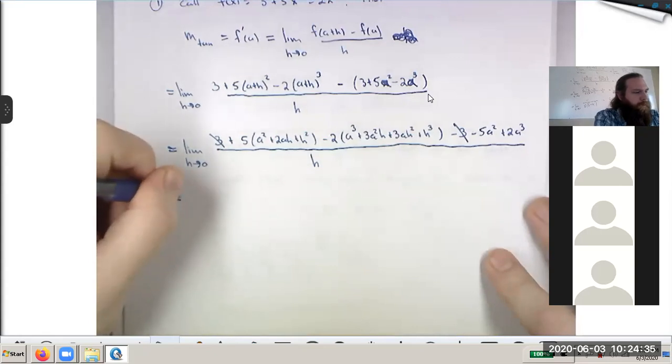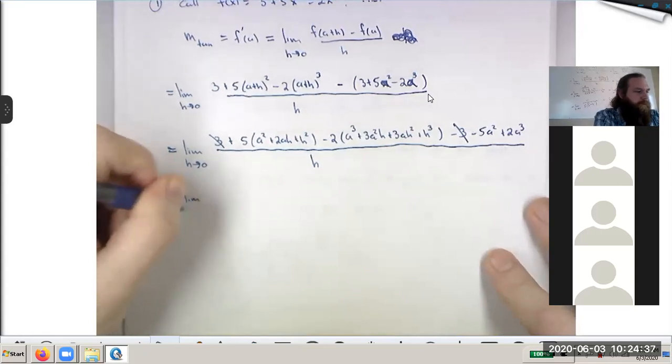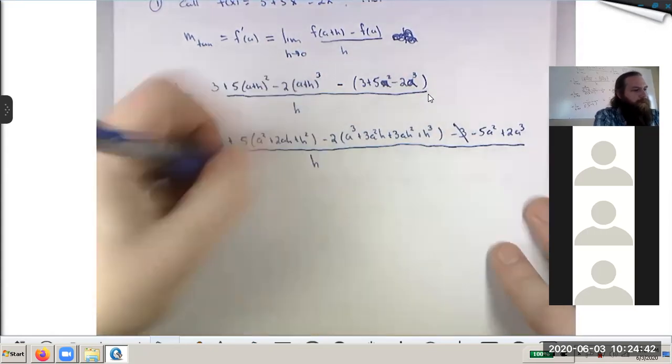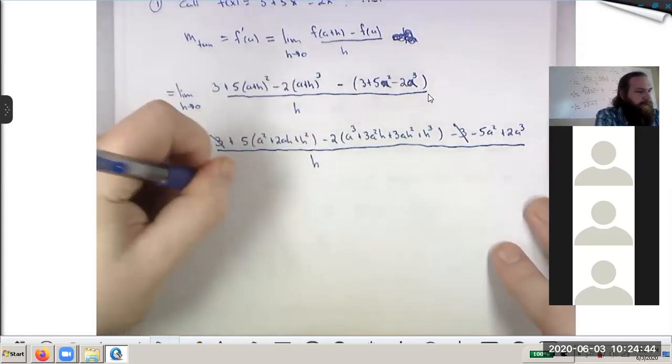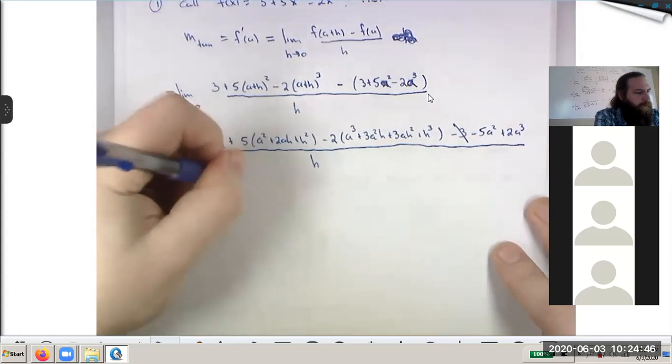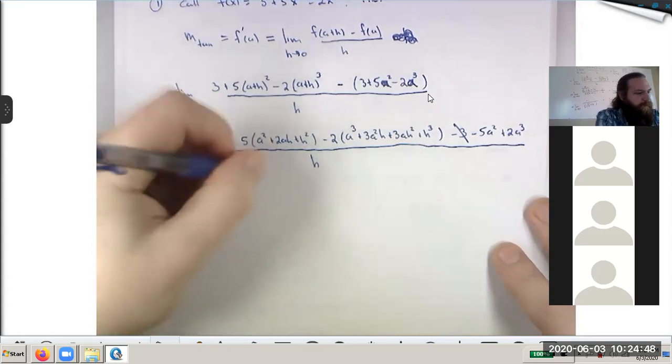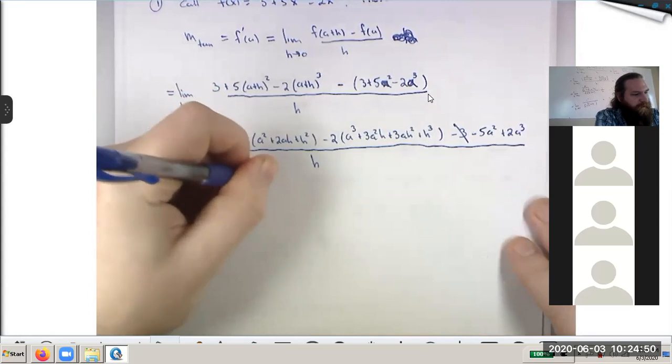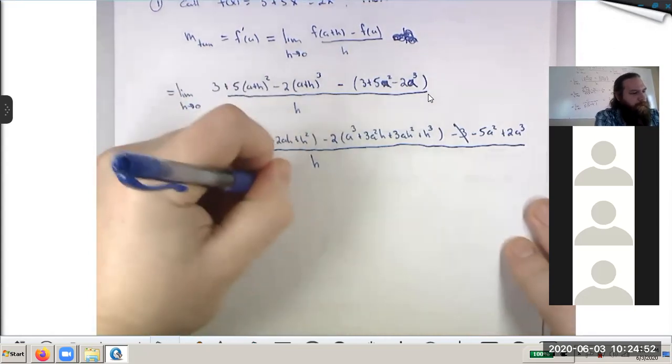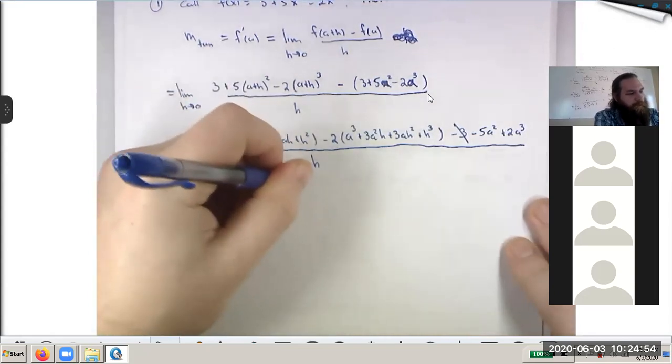So again, I'll be real careful on this just to make sure we're able to follow. I know this is not simple, so I'll write out everything except for the 3's. 5a squared plus, when I distribute this, I'll have plus 10ah, and when I distribute that, I'll have plus 5h squared.